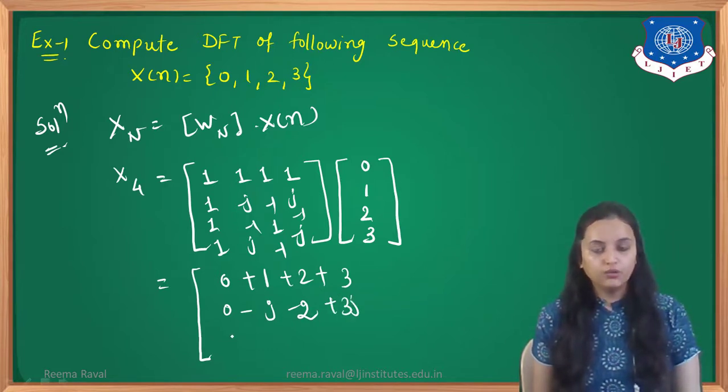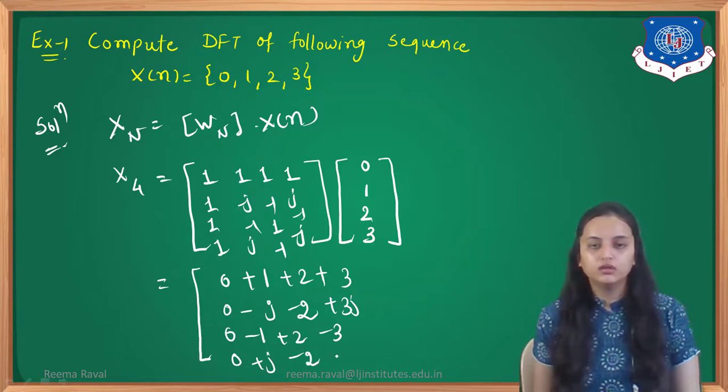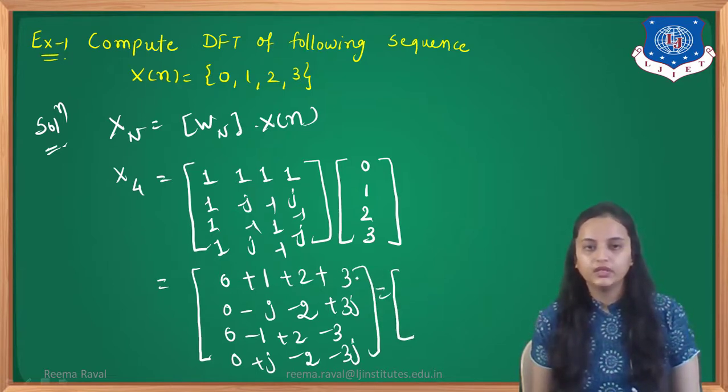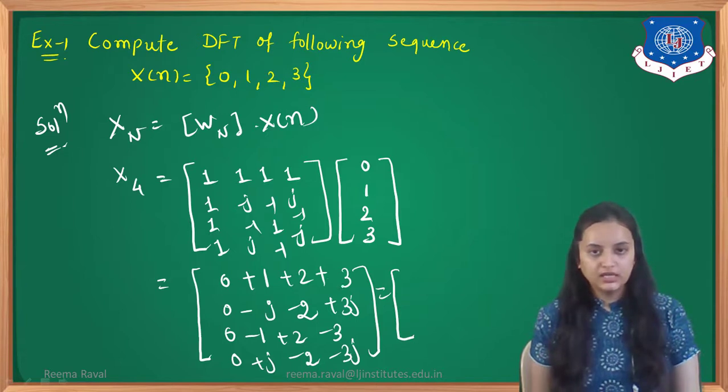Same way for the third row, that will become 0, minus 1, plus 2, minus 3. And for the fourth row, 1 into 0, 0, plus j, minus 2, minus 3j.